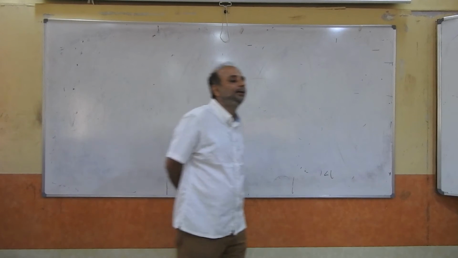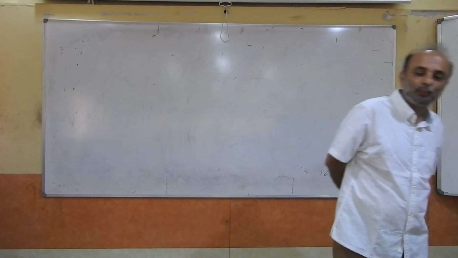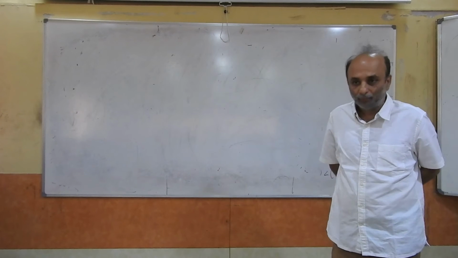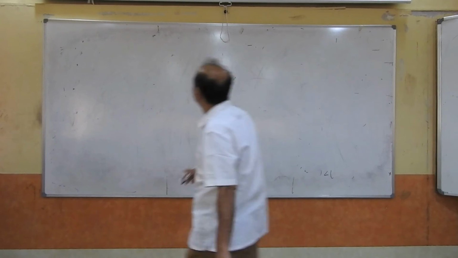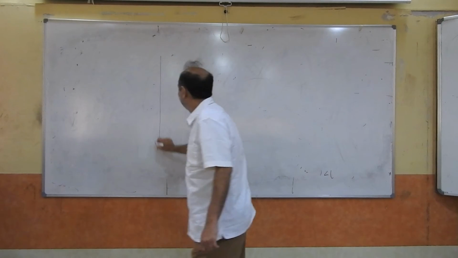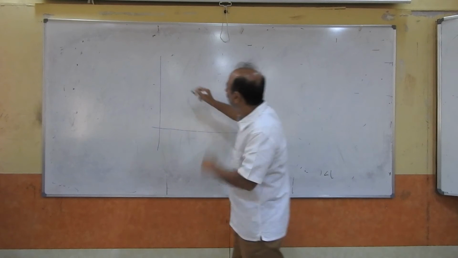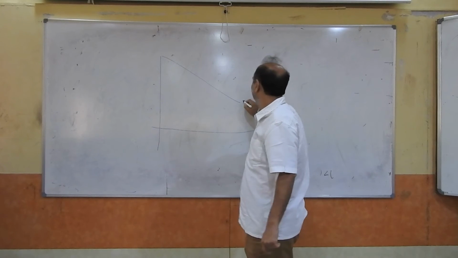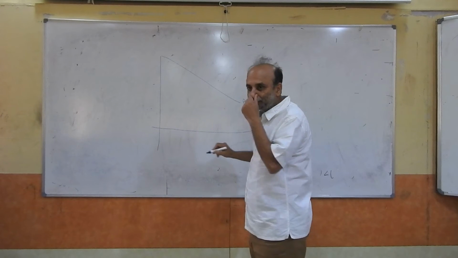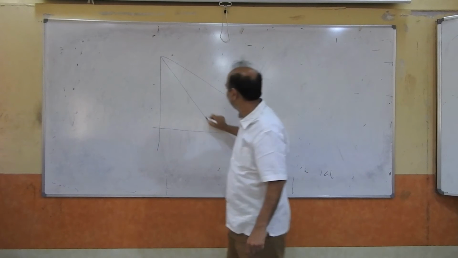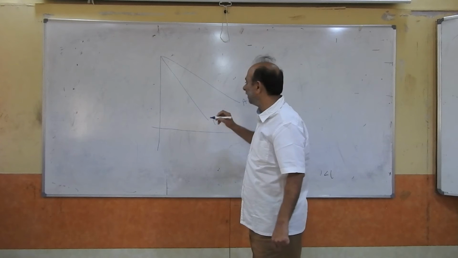So far we have looked at price output determination in a monopoly. So go back. This is the average revenue curve. This is the marginal revenue curve.